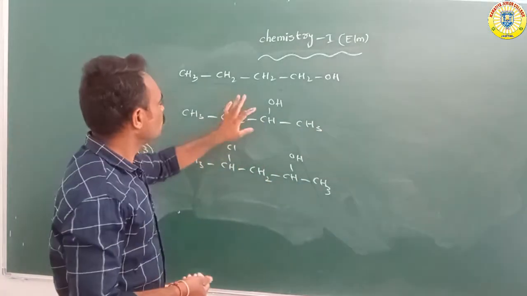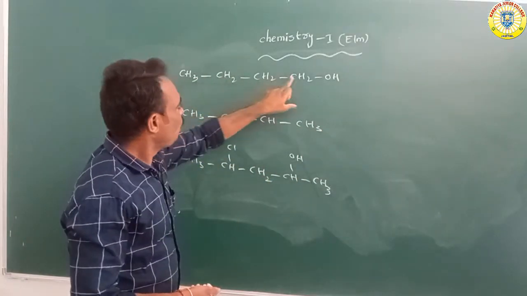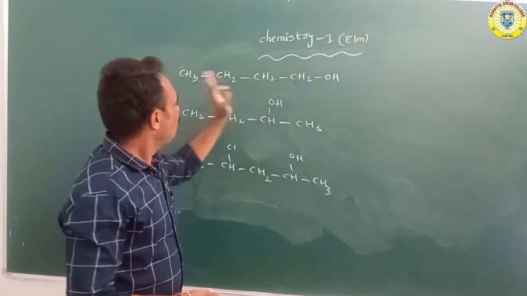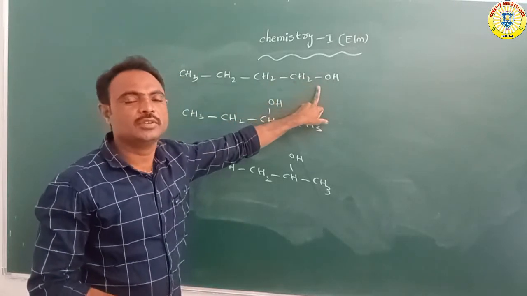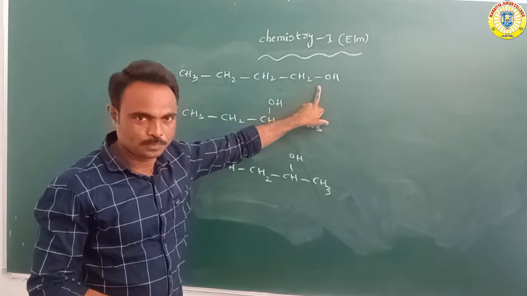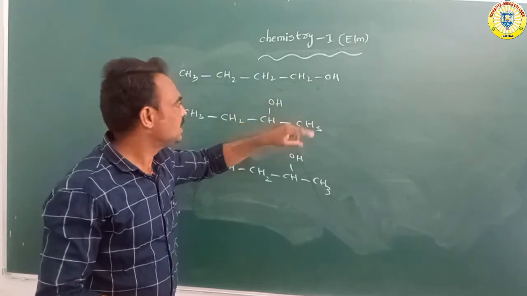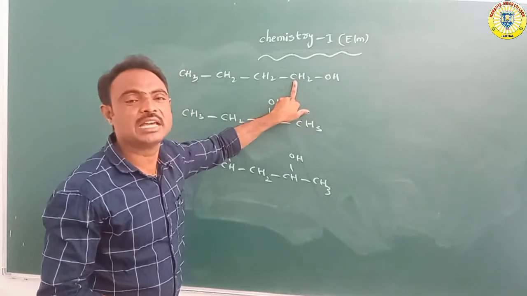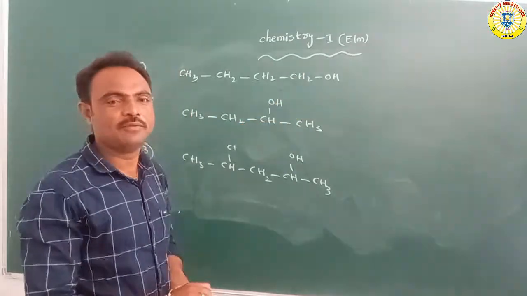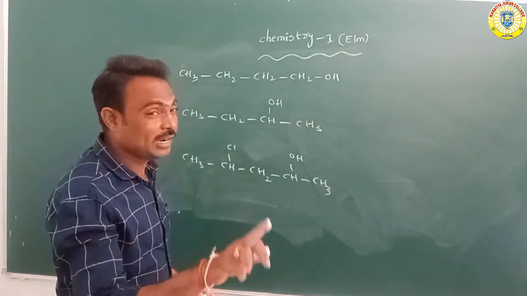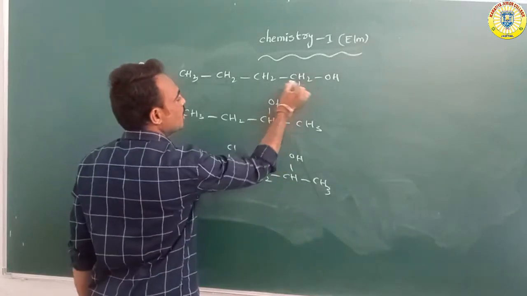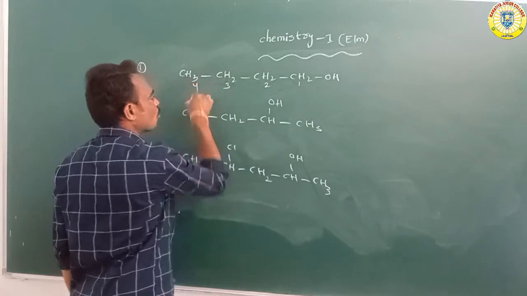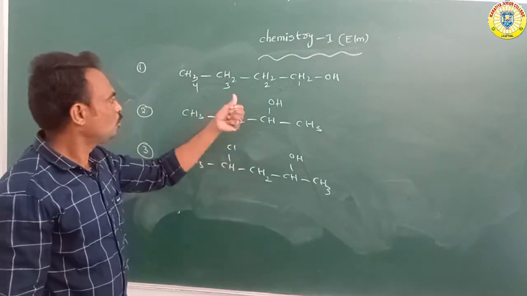Suppose 1, 2, 3, 4. From the left side, the fourth carbon is attached with the OH group, or from the right side, the first carbon is attached with the OH group. That time we give the number from the right side: 1, 2, 3, 4.